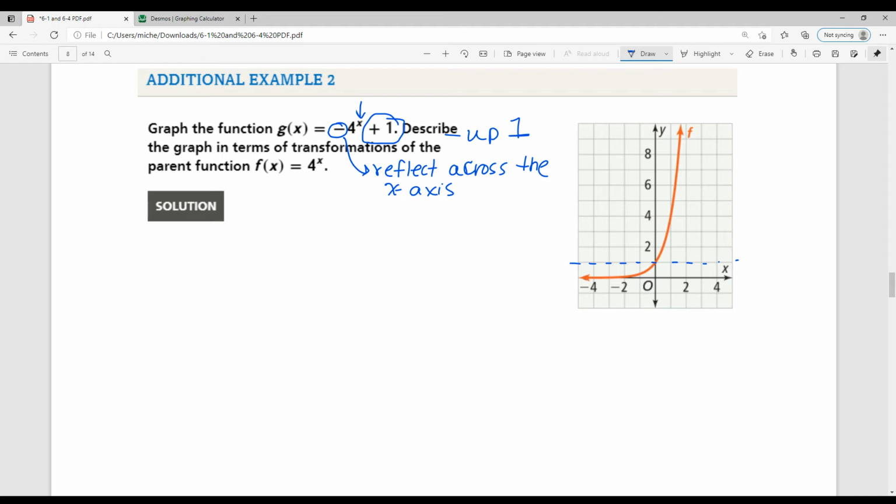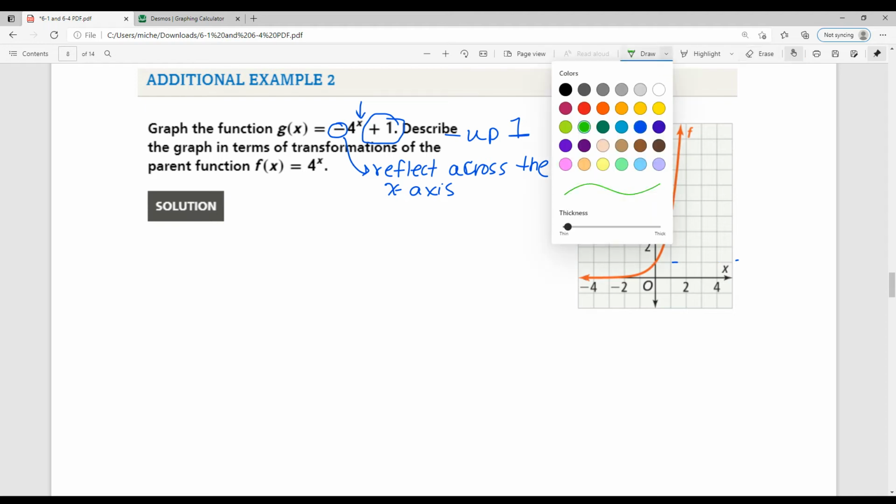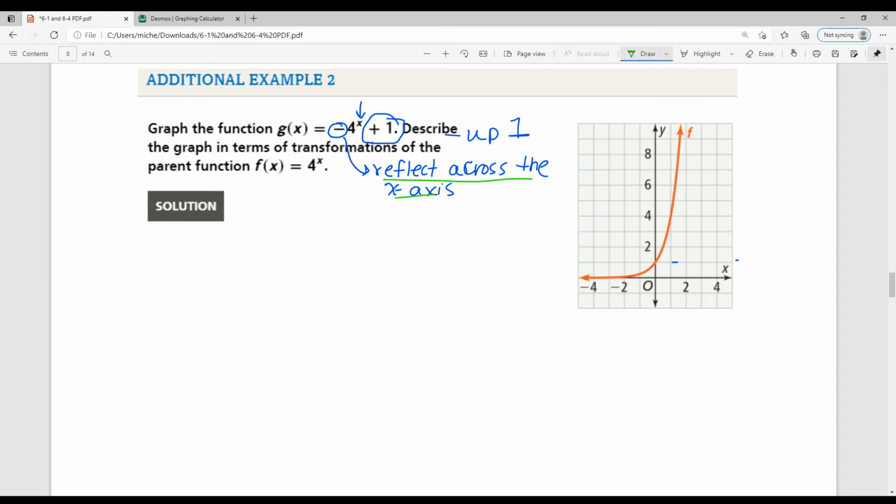So there's x, 4 was raised to that x power. Then I need to reflect, because then that negative needed to happen. So first of all, I need to reflect first. So let's reflect. I'll do that in green. I'm going to reflect across the x-axis. So this point was the y-intercept. Now it's going to be down here.